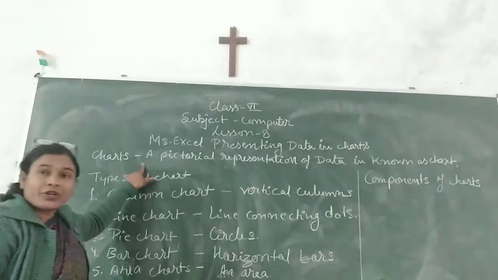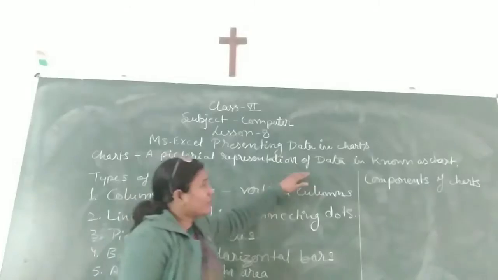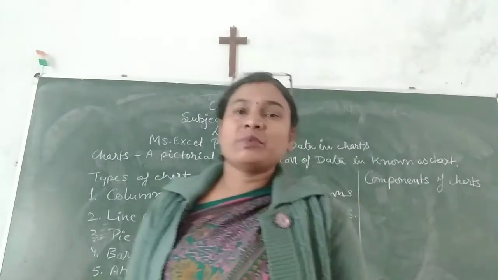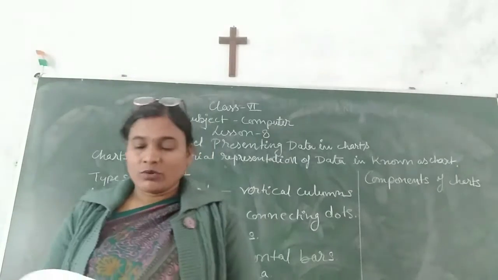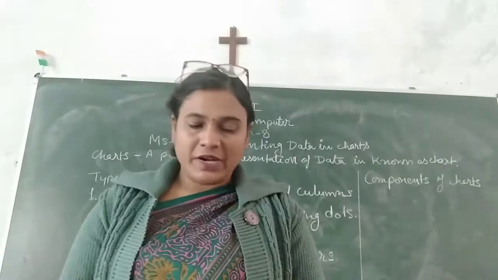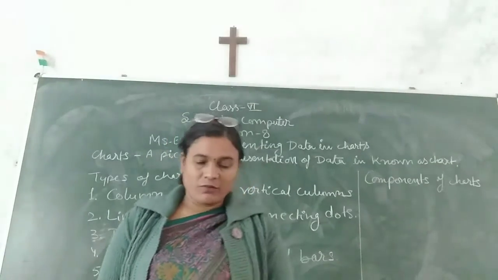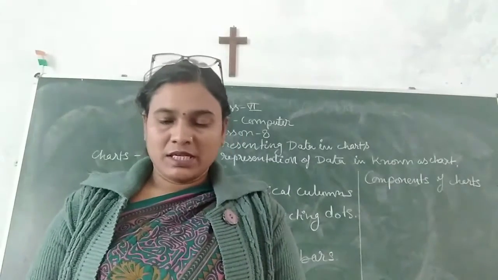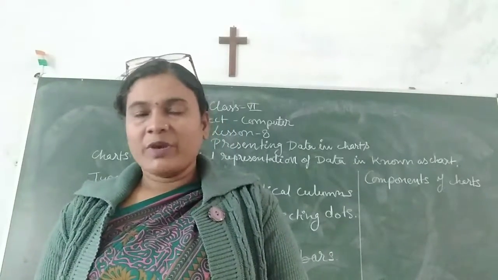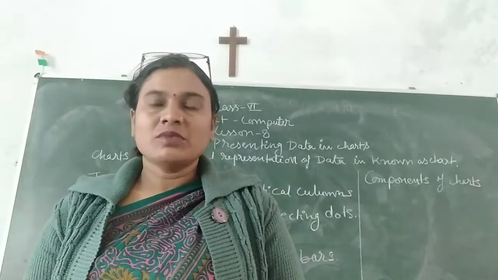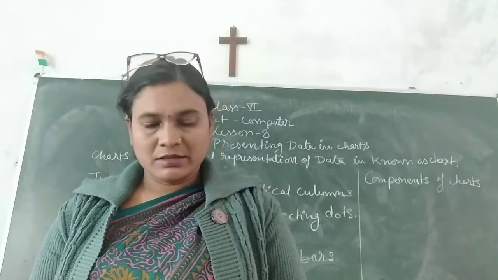A pictorial representation of data is known as a chart. Means a graphical representation of data is known as a chart. It allows us to illustrate the data in graphic form. A chart displays a series of numeric data in graphical format by using elements such as columns and lines.